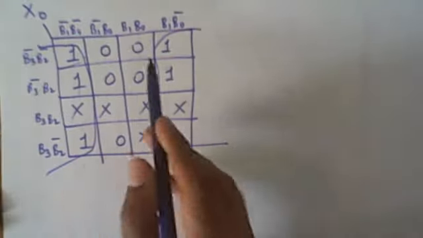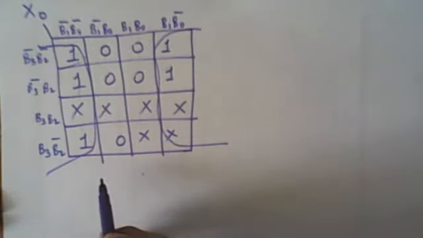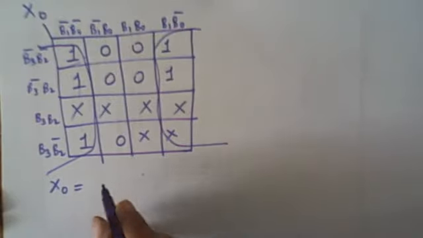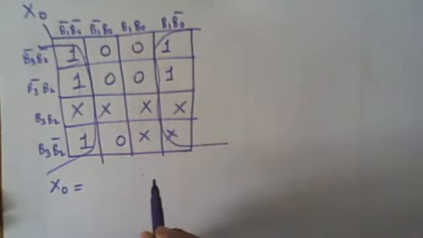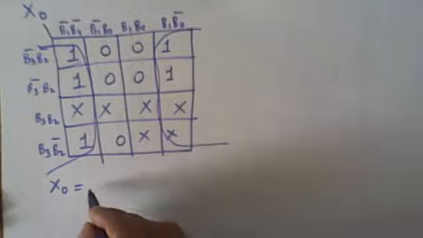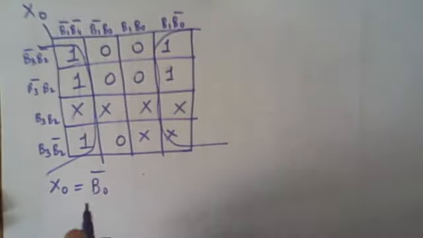Now there are no remaining ones to make a group, so for x0 it's only one group and it is a group of 8. In a group of 8, what are the common variables? From here B0 bar and here also B0 bar. So the common variable is B0 bar. So x0 is B0 bar.